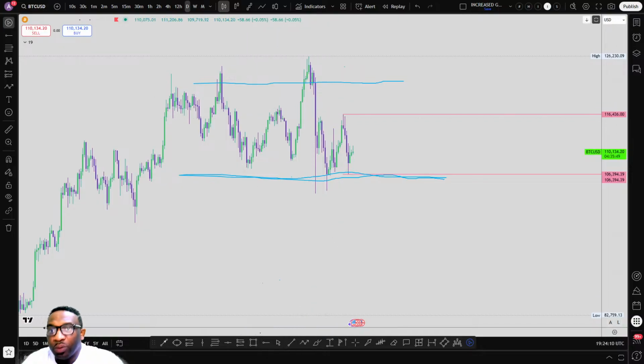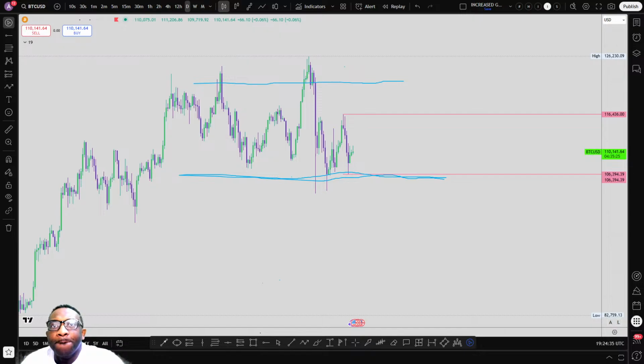We've been to this low point here. From this impulse move, which started from this high here, we touched it the first time, pushed up, came back for the second time, pushed up again, came back for the third time. So currently we've touched the area three times.